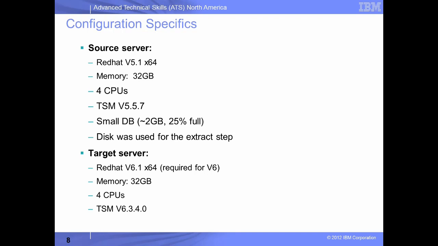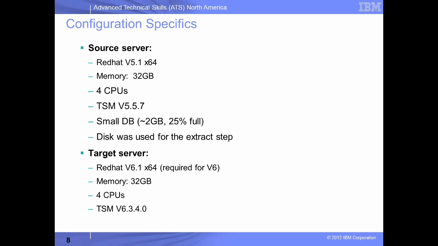And as far as CPU and memory, we have the same setup that we had for our version 5 system. So we've got 32 gig and 4 CPUs. And for this one, we did 6.3.4.0. I would recommend that if you were starting this today, you do a 6.3.4.200.